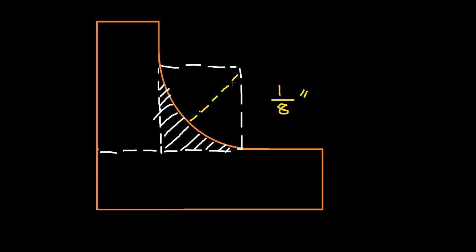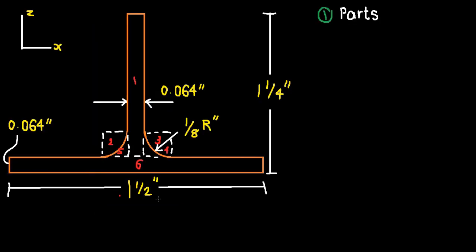So accordingly, if the radius is 1/8 inches, we can determine these lengths, which is the same, 1/8 inches. So once we find the area of the square, we can subtract the area of a quarter circle in order to get our area for this shaded region.